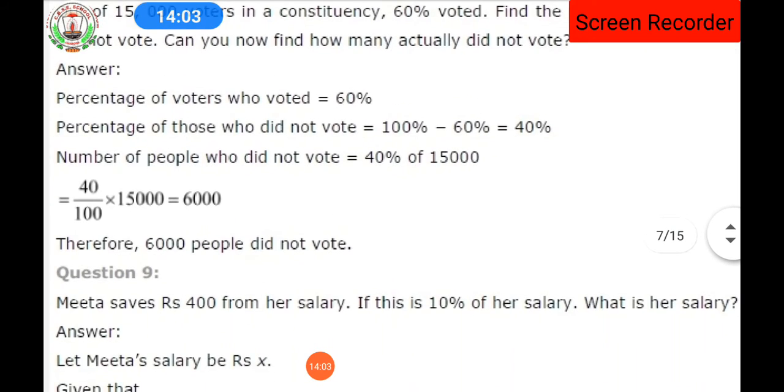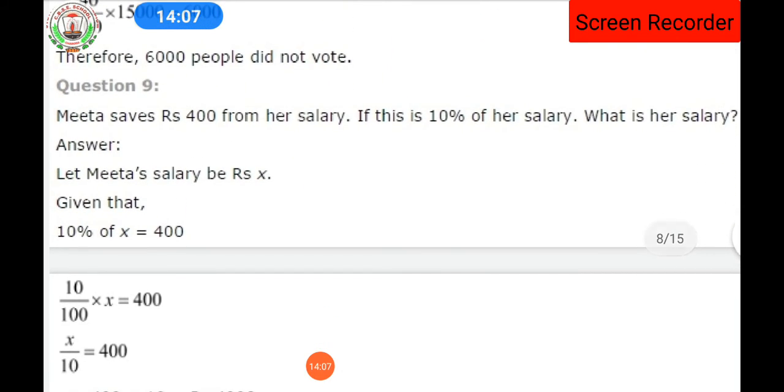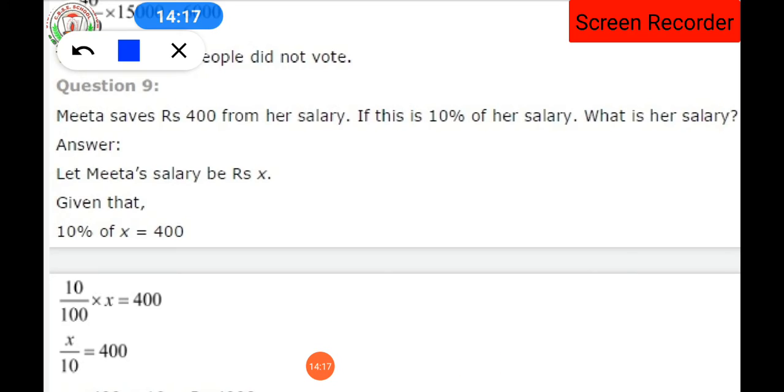Now moving toward the next question, question number 9. Meeta saves rupees 400 from her salary. If this is 10% of her salary, what is her salary? That means the total salary of Meeta. So let the total salary of Meeta be X. She saves 400 of her salary, so 10% of X is equal to 400.